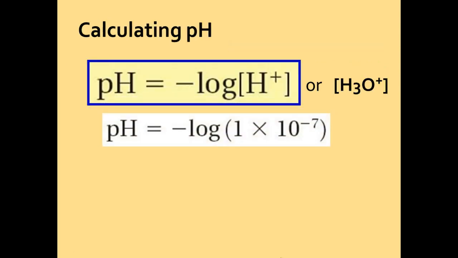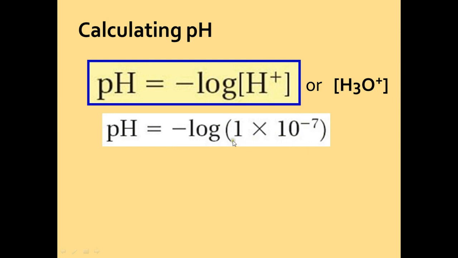So here we're going to be calculating pH. So pH is negative log of the concentration of protons or H3O+. So what is the pH of this substance? So remember, when it's 1 times 10 to the negative 7th, or like negative 6 or whatever, the pH is just the absolute value of this exponent.